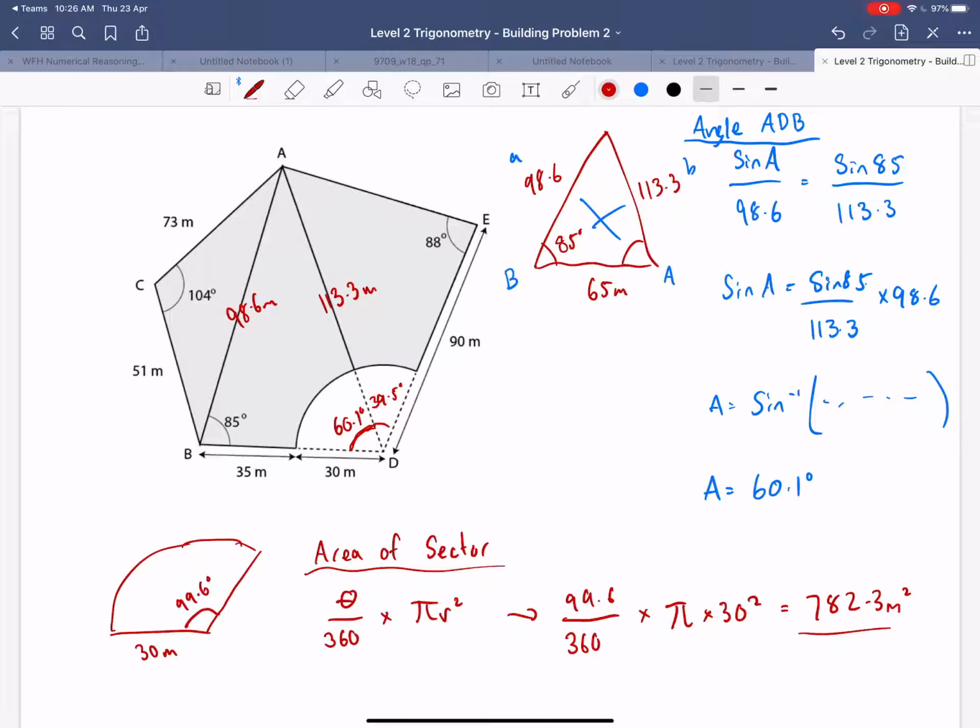Okay. Now all I need to do is combine these four values together to get an overall area.